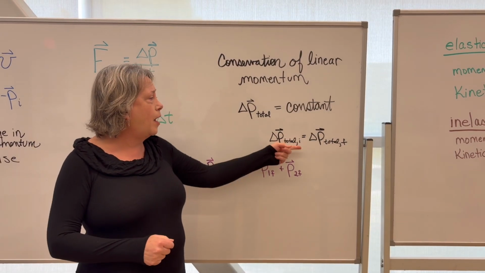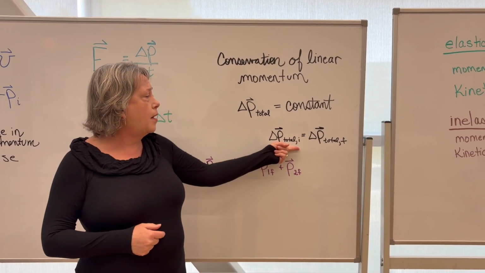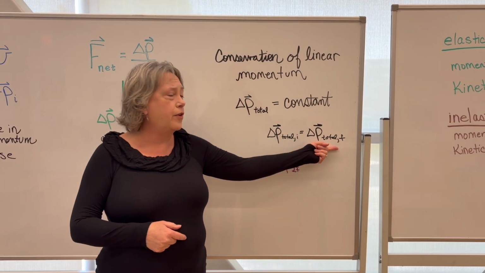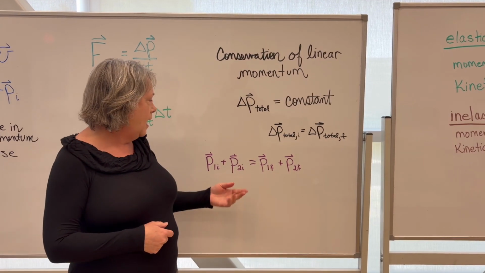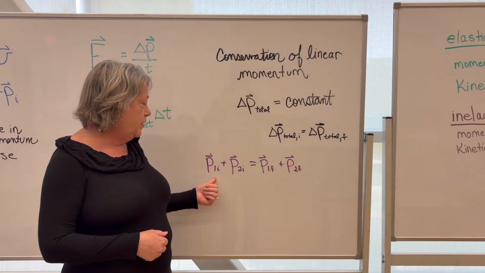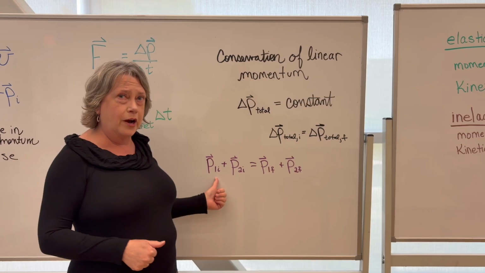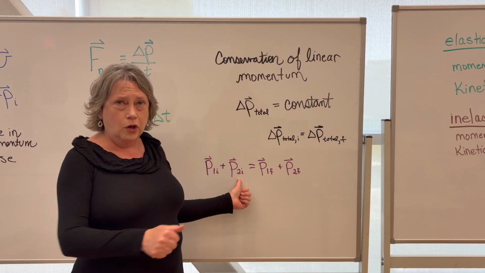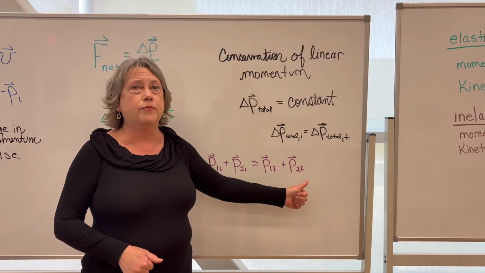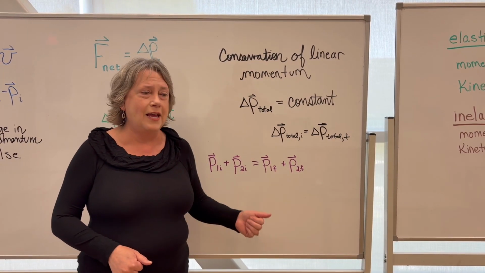We can sum up all of the momentum initial. That has to equal the momentum final. And this is another way I could expand this out. So the initial momentum for object 1 plus the initial momentum for object 2 equals the final momentum for both objects 1 and 2.